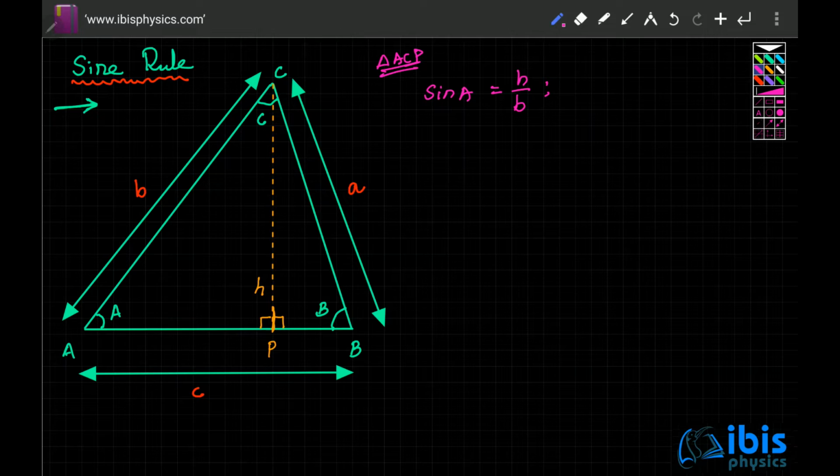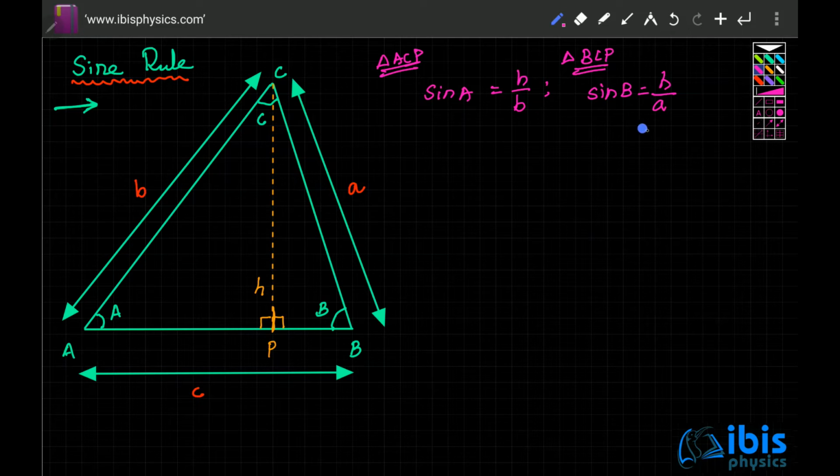At the same time, consider this triangle BCP. In this triangle BCP, what is sine B? Sine B is opposite side by hypotenuse, so h by a. So sine B equals h by a.